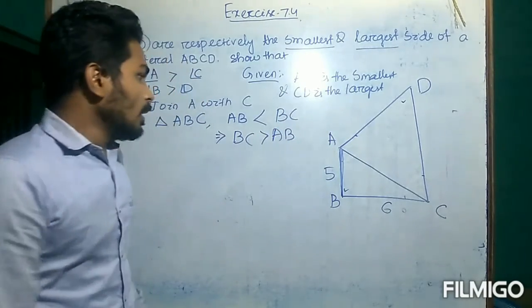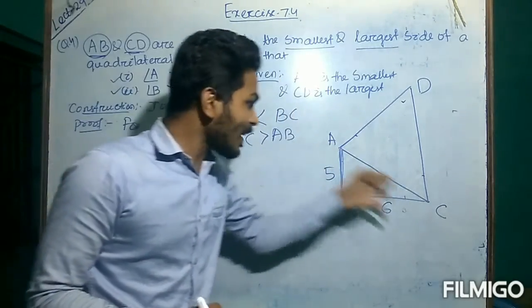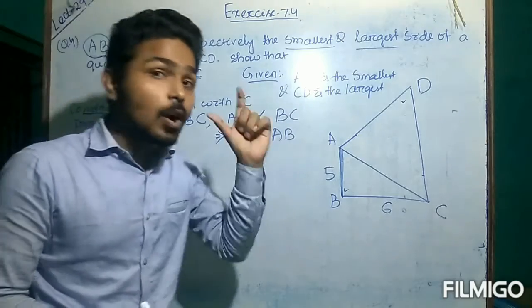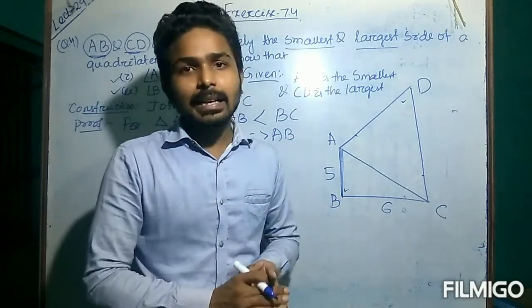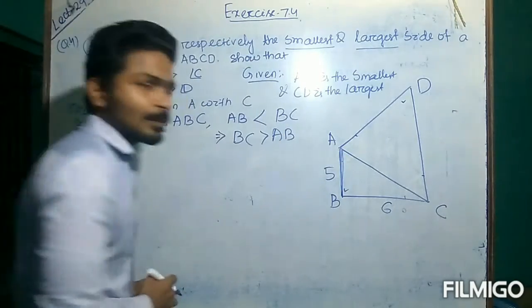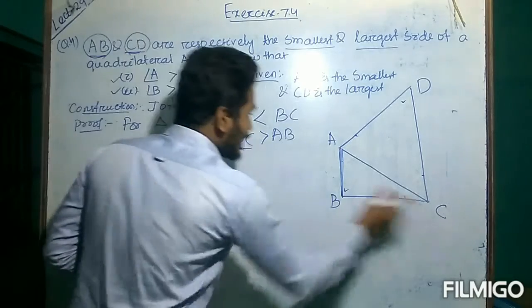Now according to theorem 7.7, if in a triangle any two sides are unequal, then the angle opposite to the larger side is larger. In triangle ABC, we have taken the sides BC and AB.